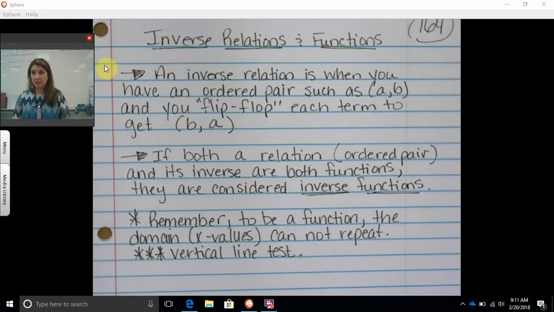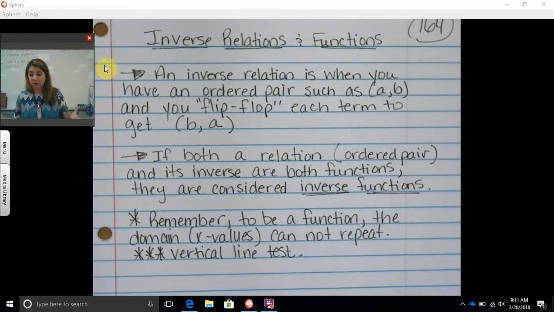Now remember, to be a function, if you saw the graph, you can't have any two places where, if you put a vertical line or a pencil vertically on the graph and place it anywhere, it touches the graph in two places or more. Then it's not a function, right? Y'all remember that?